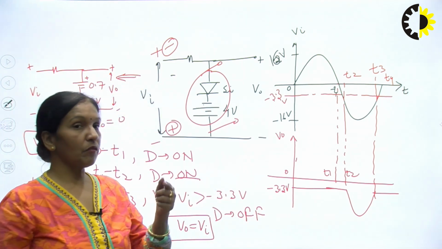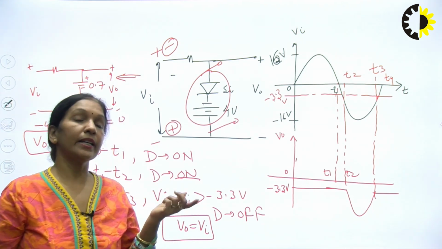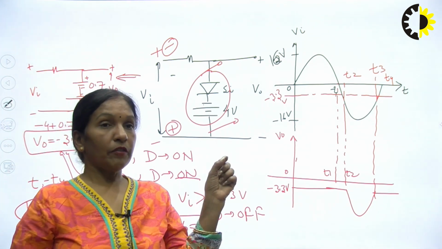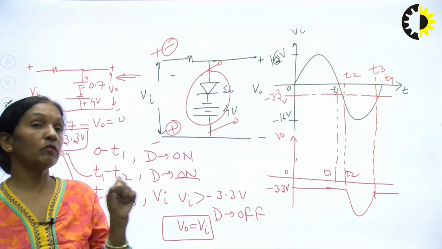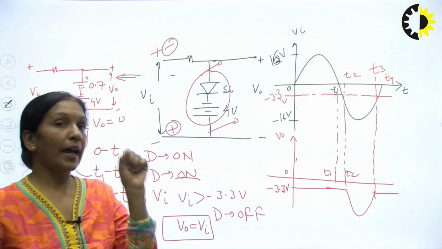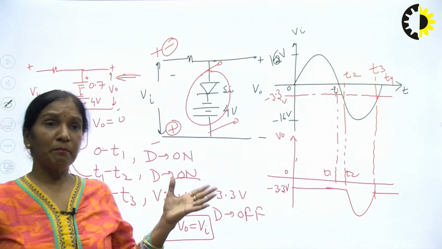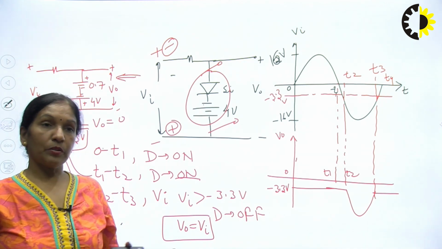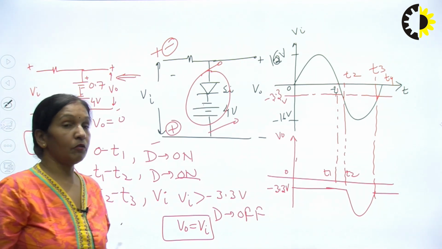It can transit from off to on state at this voltage, or from on to off state. So if you properly identify the transition voltage with the polarity, whether it is a positive voltage or a negative voltage, it makes your problem very simple. So this is how you can do the analysis, and I'm sure this lecture will be fruitful for you.